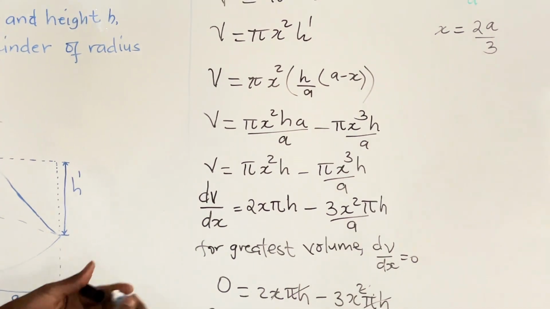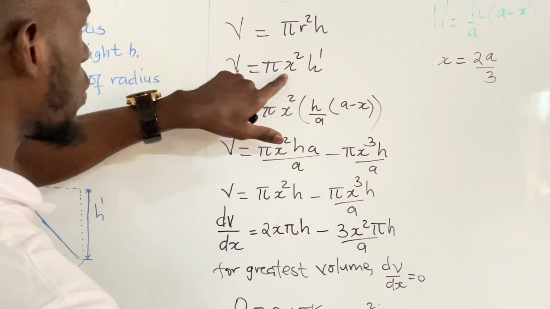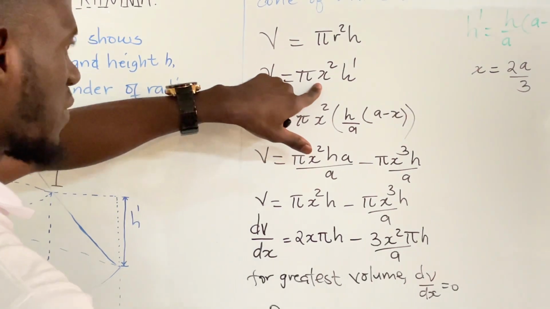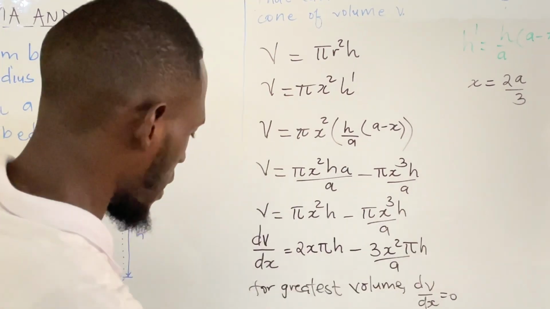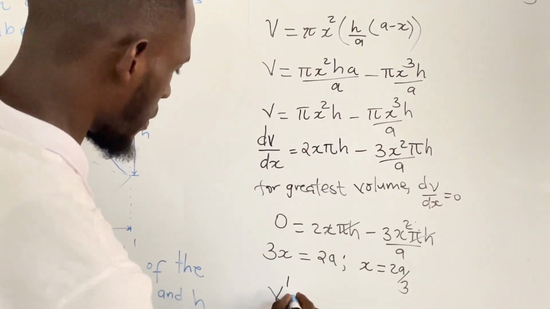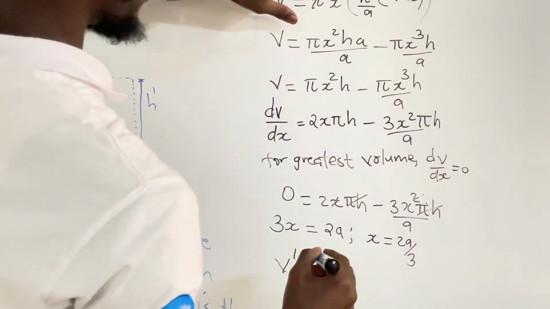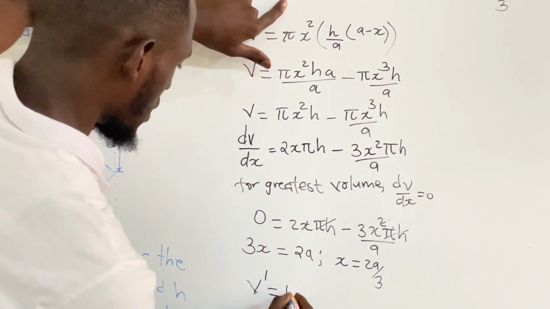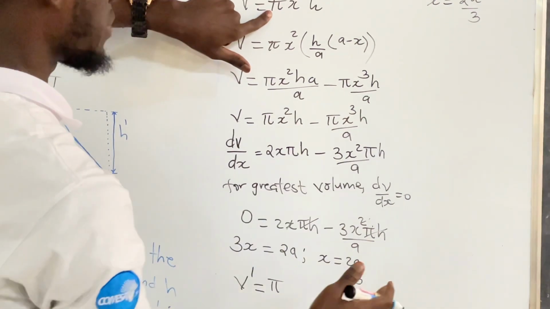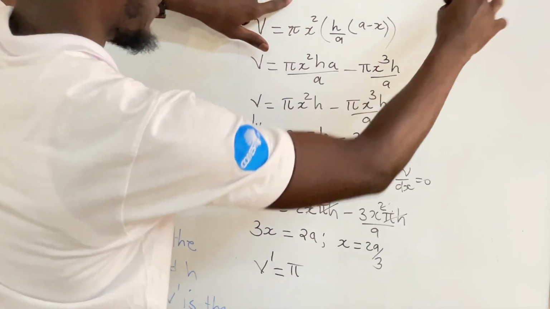But we are going to substitute back for us to get the greatest volume. So we are going to say now V prime is given by the volume of a cylinder. But for it to have a maximum value, x must be equal to 2a over 3.